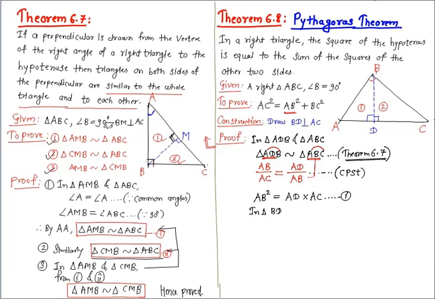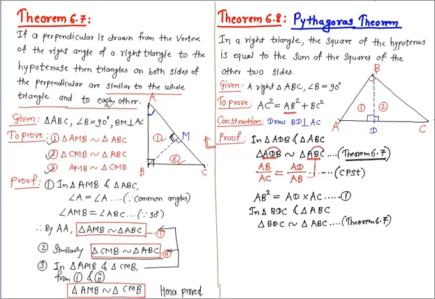So we can write in triangle BDC and triangle ABC, using Theorem 6.7, triangle BDC will be similar to triangle ABC. This is by Theorem 6.7. In the exam, you need to write the complete statement of 6.7. I'm just writing here the Theorem 6.7.